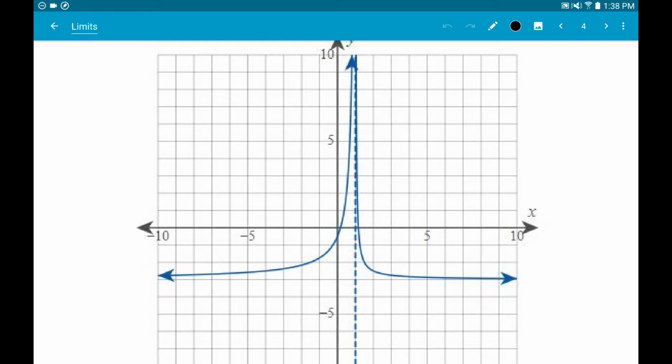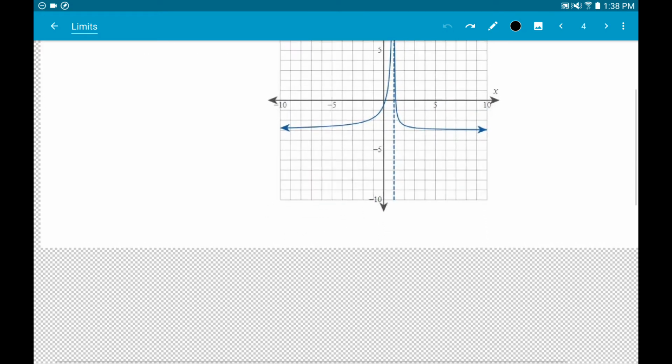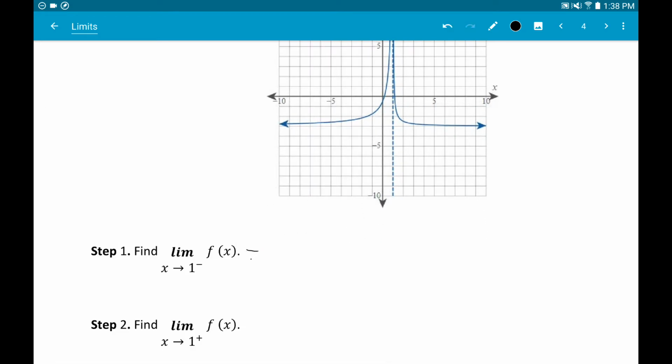Okay, it's really kind of hard to see on this graph, but if we want to do the left-sided limit, we're coming in from the left, and this graph is shooting upward, and you got that upward arrow there. So if you go up forever, you're going to be at infinity. So we would say the left-sided limit here is infinity.